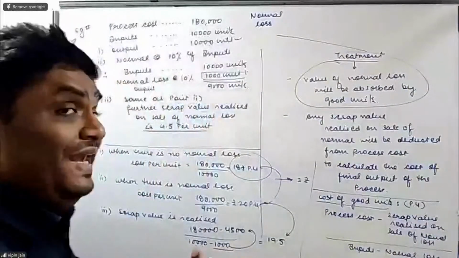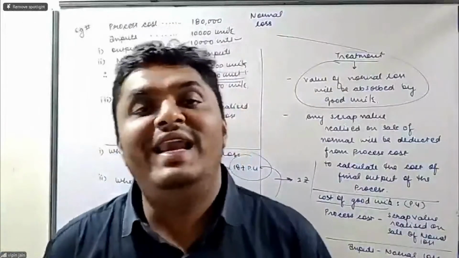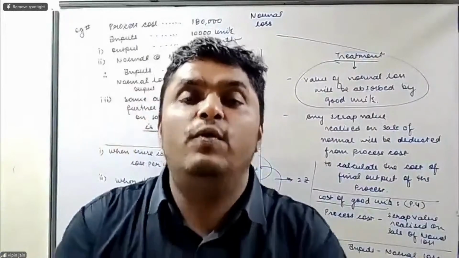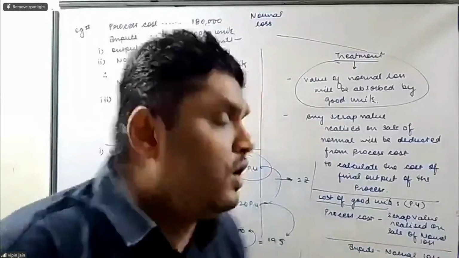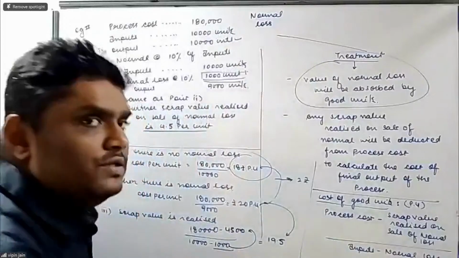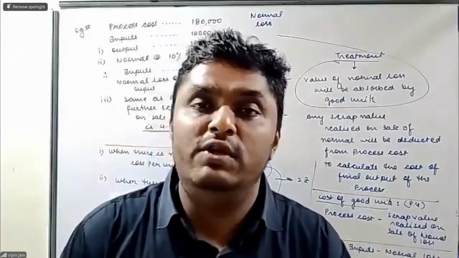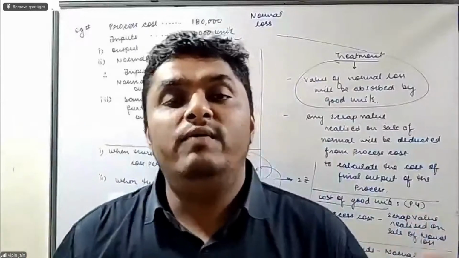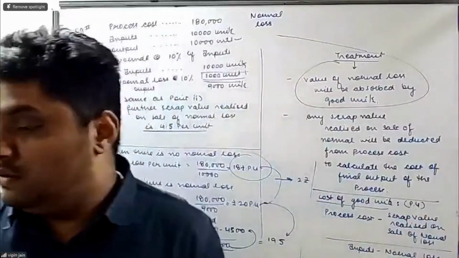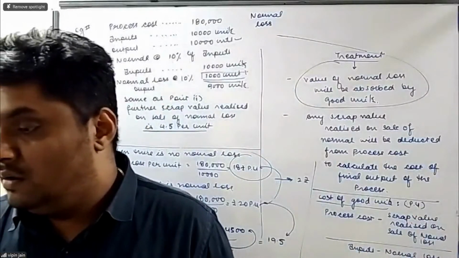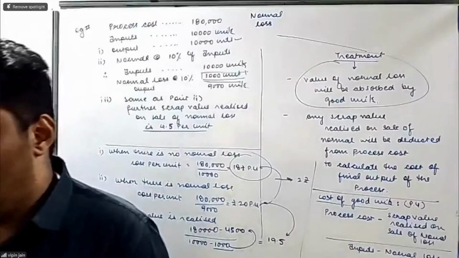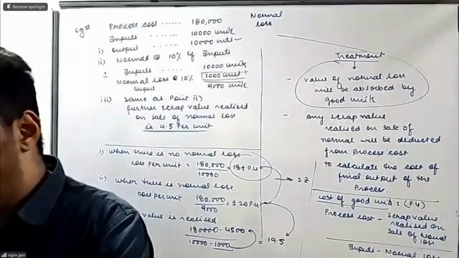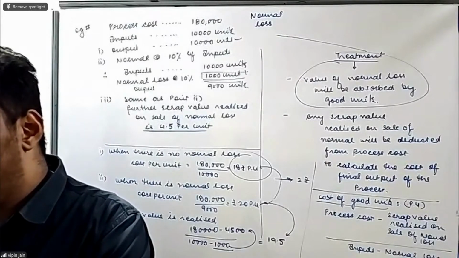So my net cost will be how much? 1,75,500. 1,80,000 is being spent, but 4,500 is also coming back, because we are subtracting these 1,000 units as loss, but some amount is recovered from the loss units too. So that will be deducted from the process cost. Tambeshwari, hopefully now it is resolved. Anyone else having any doubts?